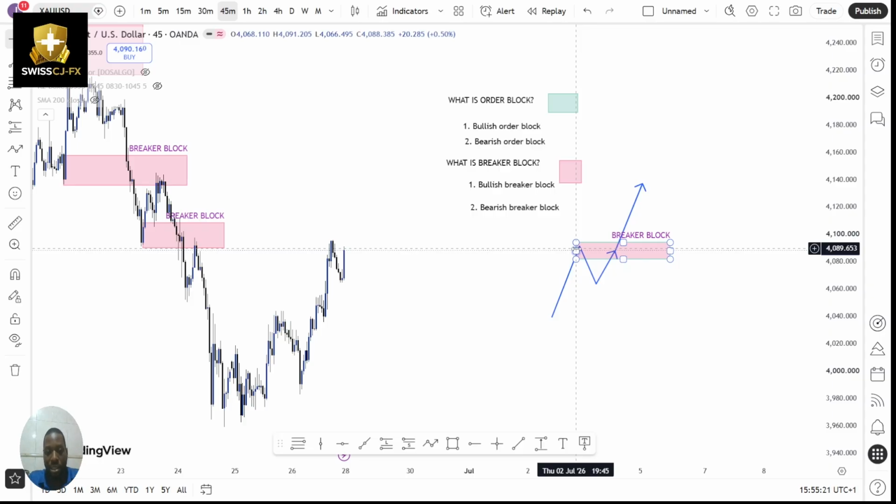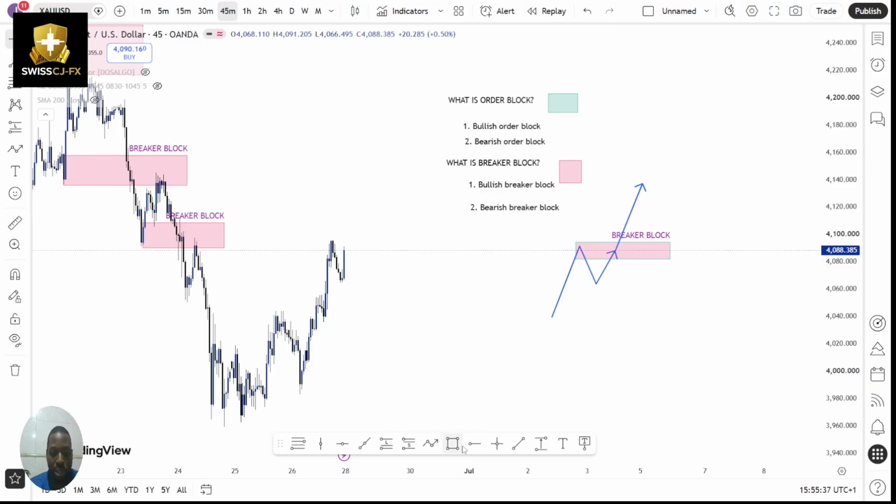So it's just more like the reverse, right? So for instance, a bullish order block, when it fails, turns to a bearish breaker block. Then a bearish order block, when it fails, turns to a bullish breaker block.